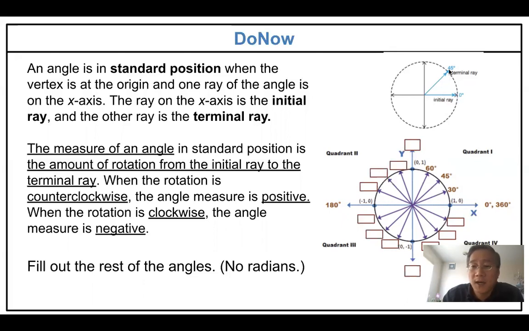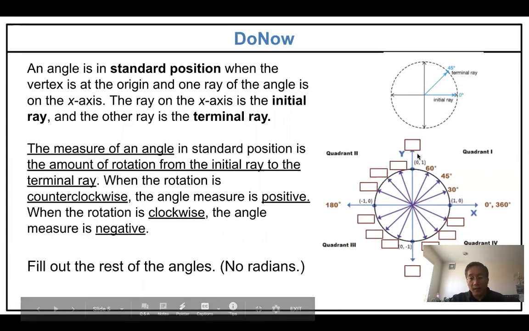If the terminal ray moves clockwise, the angle measure is negative, right? Now, can you fill out the angles here?